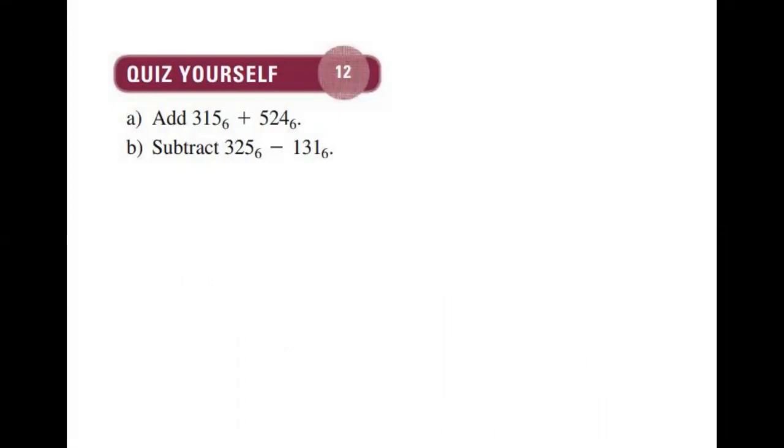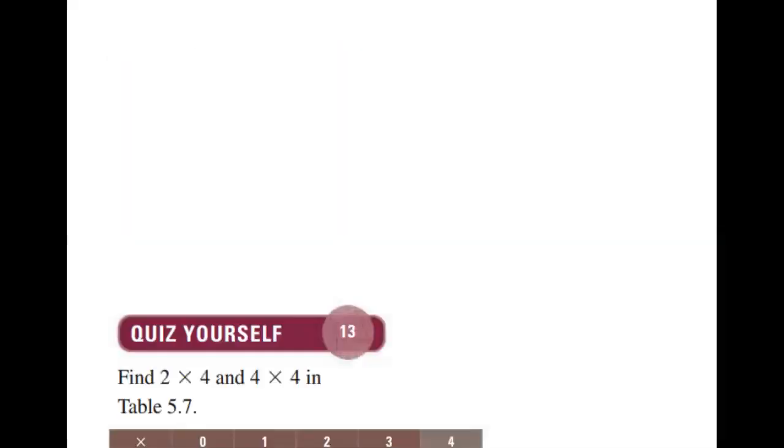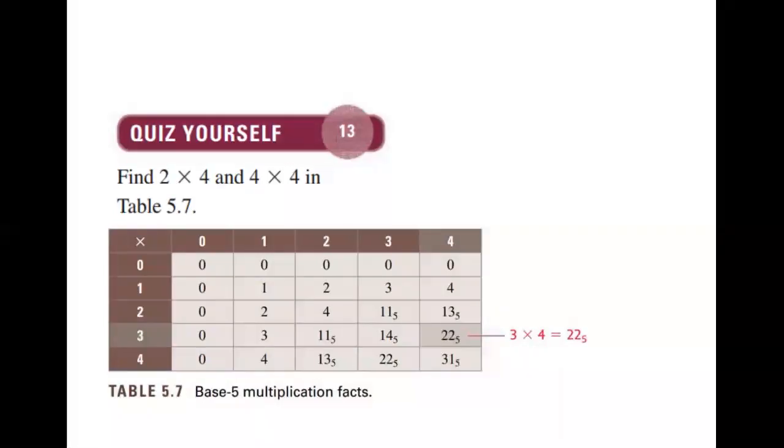And we won't worry about multiplying or dividing in other bases, but they did give us a chart. So let's go ahead and look at Quiz Yourself question number 13. In Quiz Yourself question number 13, again, they've done the multiplication for us and given us a chart that looks like a counting chart.